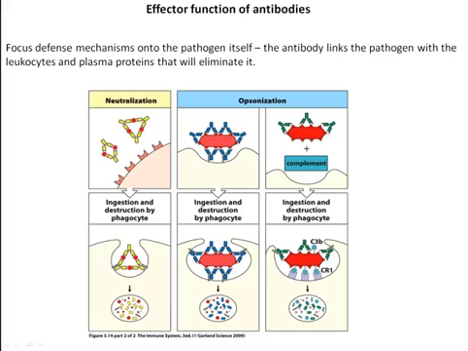And therefore the antibody will bind to the surface of that pathogen, and that makes the recognition and elimination of that pathogen, by commandeering the cells of the innate immune system, much more efficient, such that the infection can now be cleared.